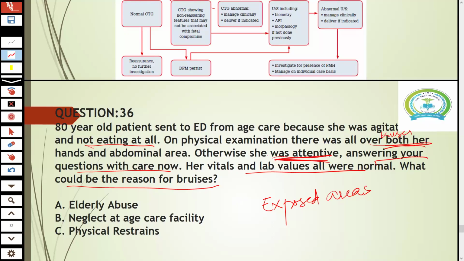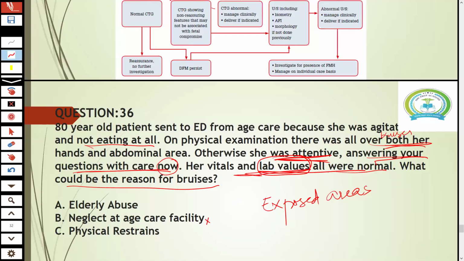Otherwise, she was attentive, answering your questions with care now. Initially, she was agitated, but now she is answering your questions very well, like she has good eye contact with you. Her vitals and lab values, these lab values are important, were all normal.